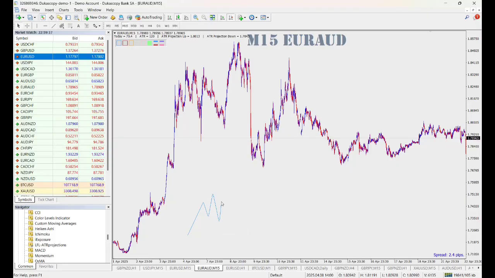Price comes back here to our Quasimodo level before pushing down. So we see that price, after making that lower low, came back to our area here. We got to retest that area before going down.